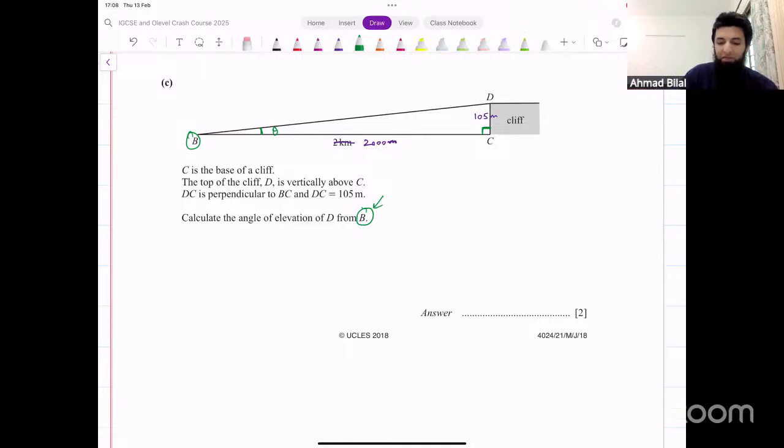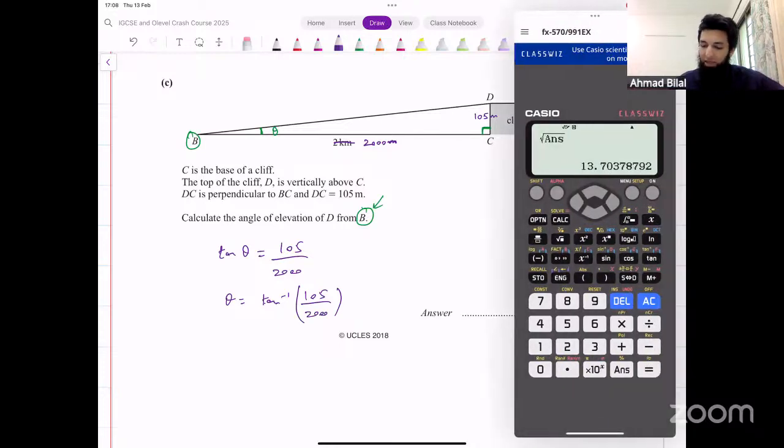How can you find that? It's a right angle triangle. We have the perpendicular, we have the base. We just find their ratio. Tan of theta equals 105 divided by 2000. And then theta equals tan inverse of 105 divided by 2000, and that's going to give us the result. You can see what that is. Tan inverse of 105 divided by 2000.